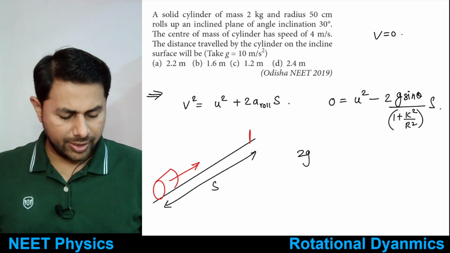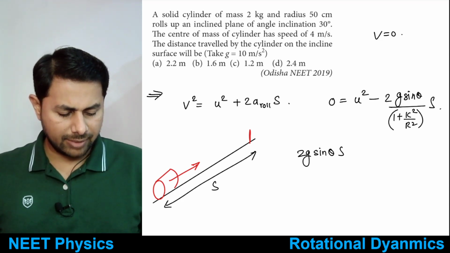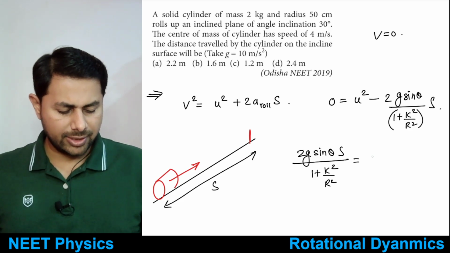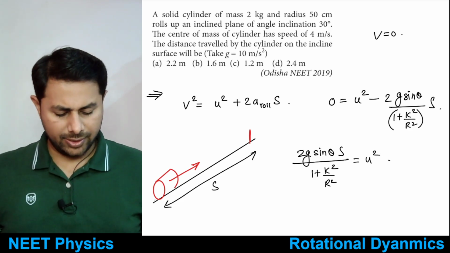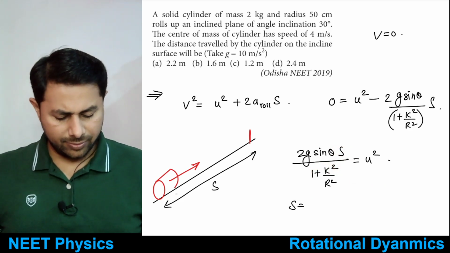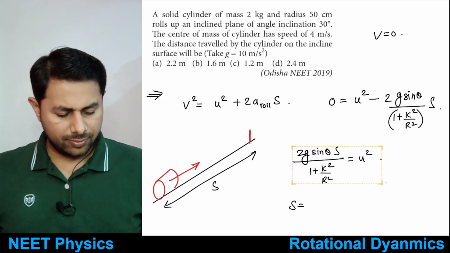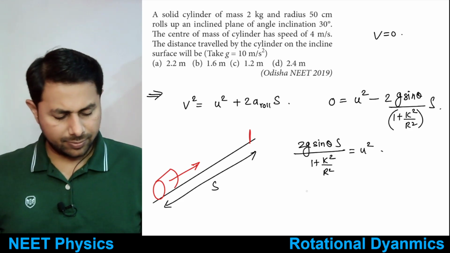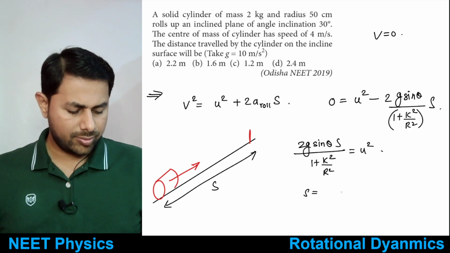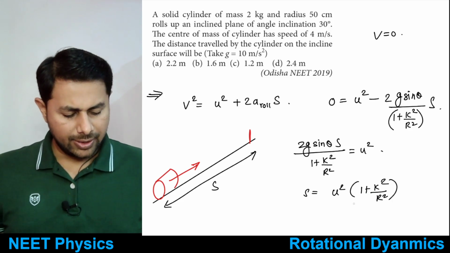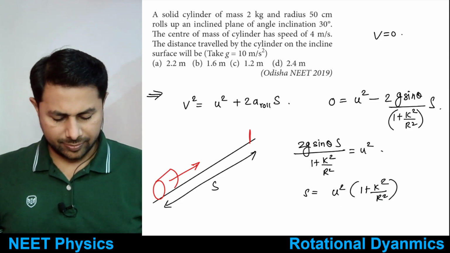So we have 2g sine theta times s divided by 1 plus k square upon r square, and that is equal to u square, right? And we want s, so let's move these things to the other side. So s is equal to u square times 1 plus k square by r square, that will go in the numerator, divided by 2g sine theta.